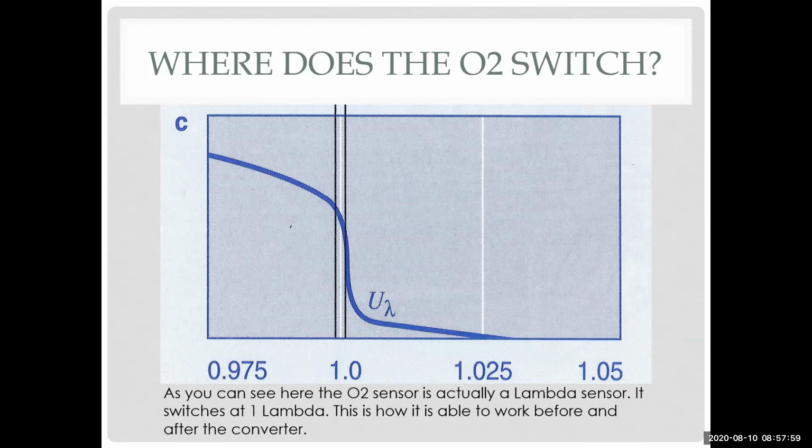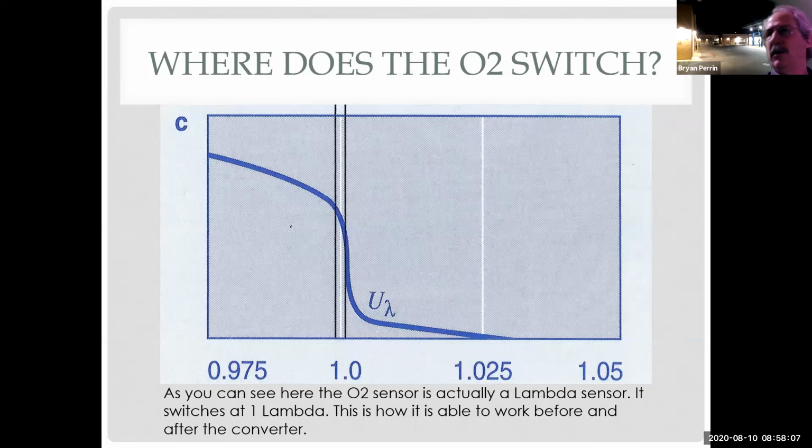So if I am rich half the time and lean half the time, I should be pretty close to the right mixture of 1 lambda. And that is the philosophy it uses. It takes this sensor signal, and the computer, which is all 1s and 0s, converts it to rich, lean, and then says, I need you to spend this much time rich and this much time lean, and that's going to give me the mixture I want.